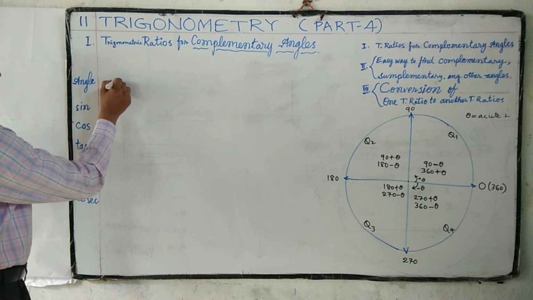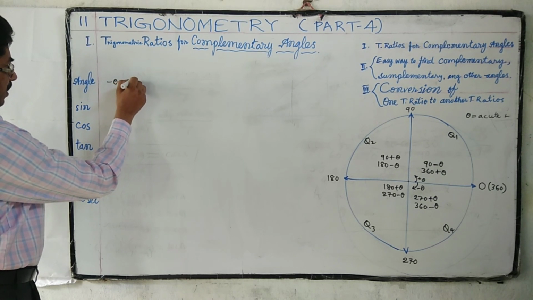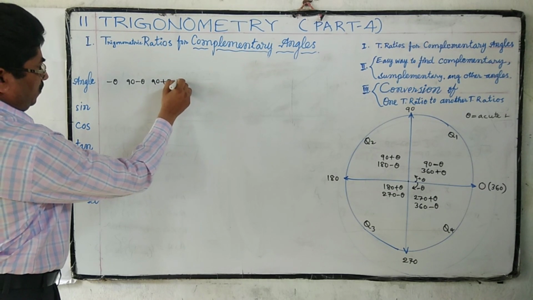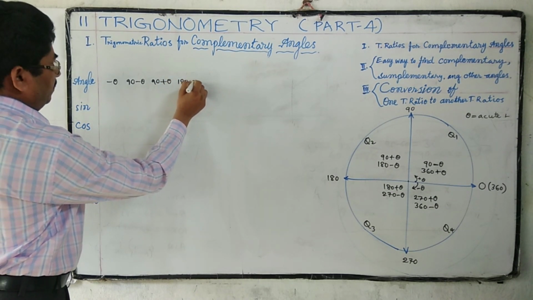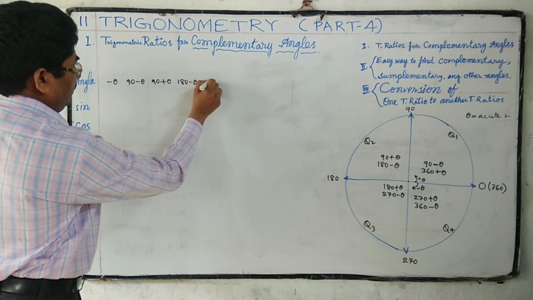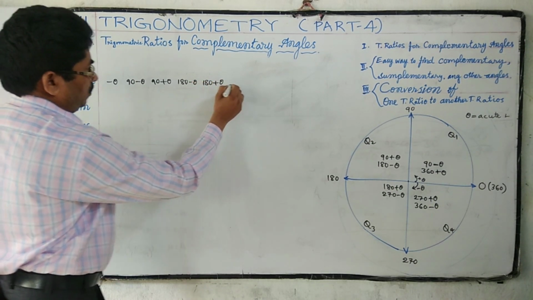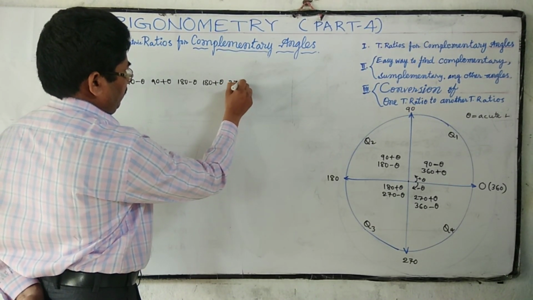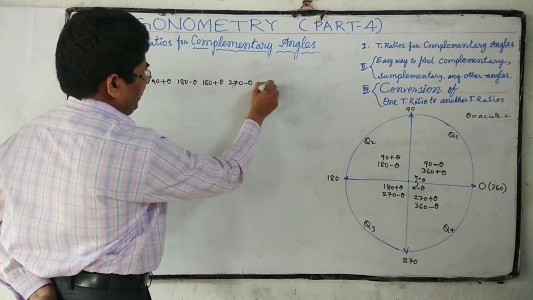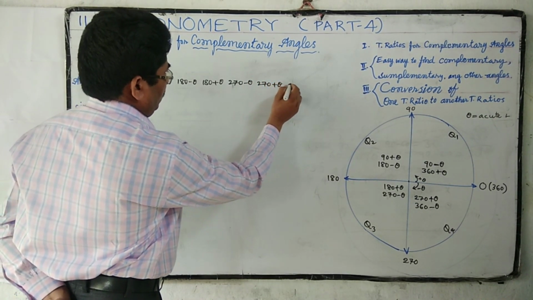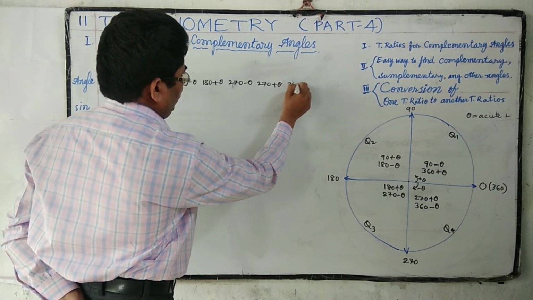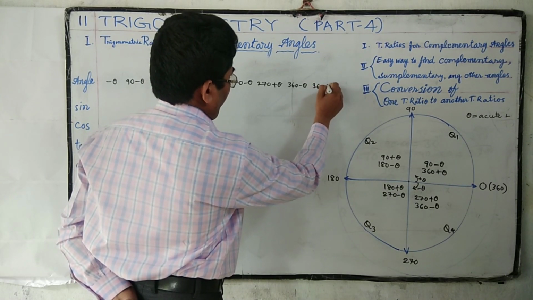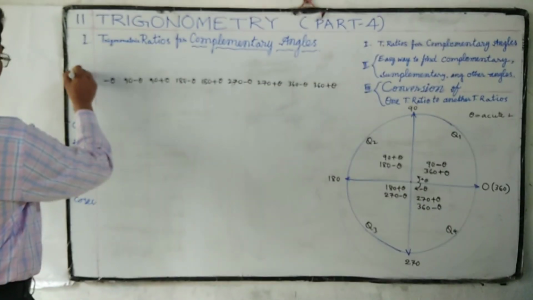Minus theta, 90 minus theta, 90 plus theta, 180 minus theta, 180 plus theta, 270 minus theta, 270 plus theta, 360 minus theta, 360 plus theta.